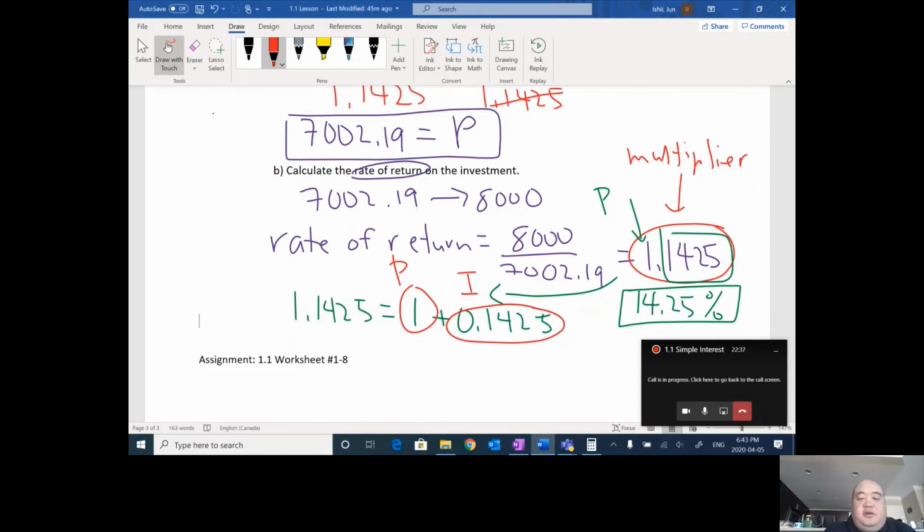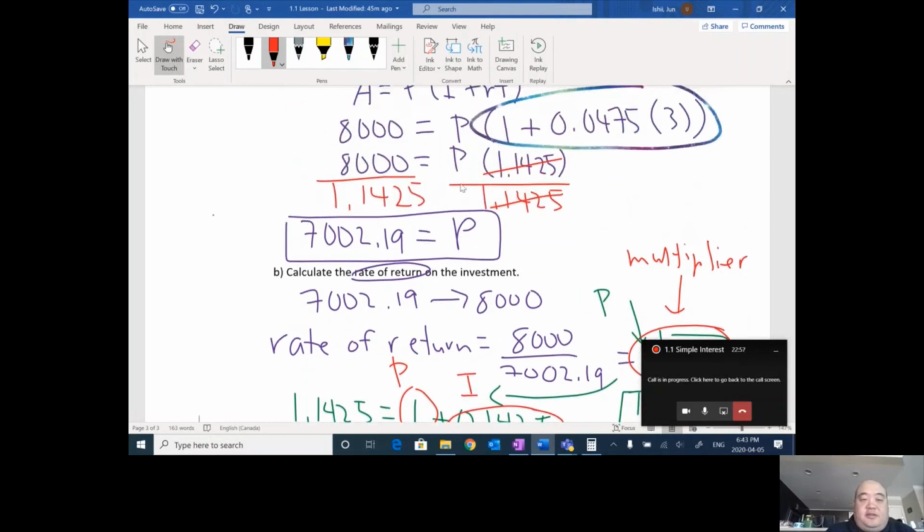So the rate of return is what you add on to the 100%, what you add on to the initial investment. Now, that being said, this is the way to explain how to get there, but there's actually a lot quicker way to get the actual answer.